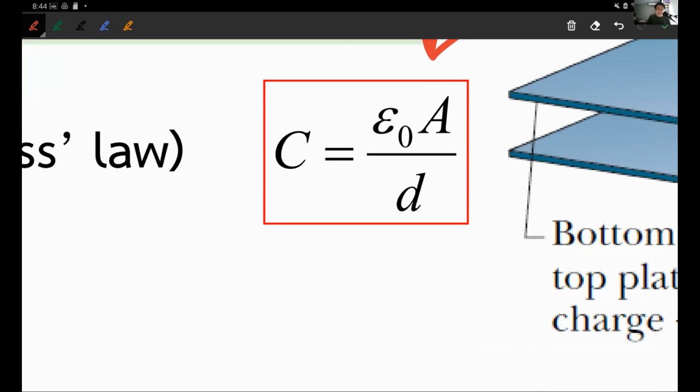So the capacitance of a parallel plate capacitor is just some constant epsilon naught, which is the same epsilon naught that you saw from Gauss's law, times the area divided by the separation, and you're done. Believe it or not. Nice.